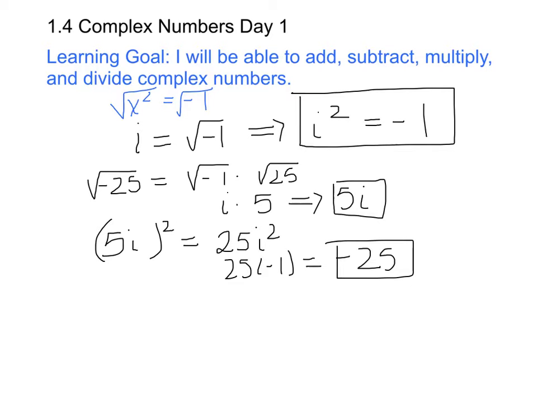Okay? Now, a complex number is in the form of a plus bi. And this is standard form where the real number comes first. So the real number is a.